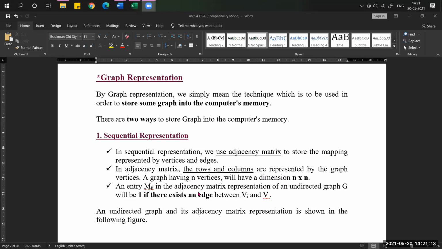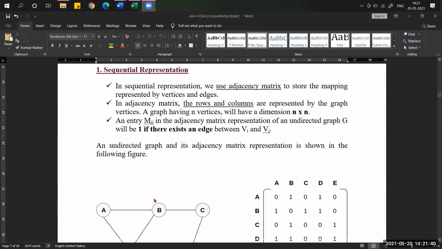The important point to remember is that if there is an edge from vertex 1 to vertex 2, then you have to put 1. If there is no edge from 1 to 2, then you have to put 0. Those are the two values you have to remember. Now let's start the examples.